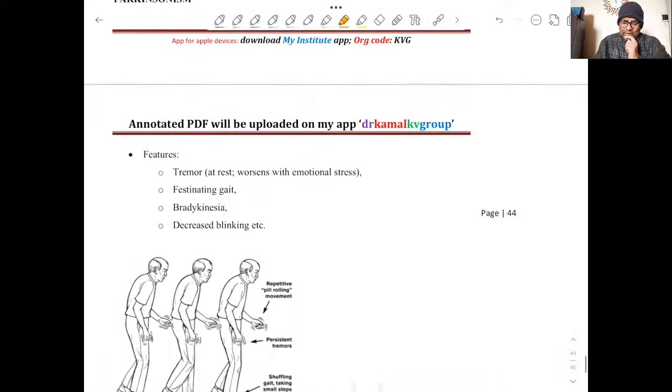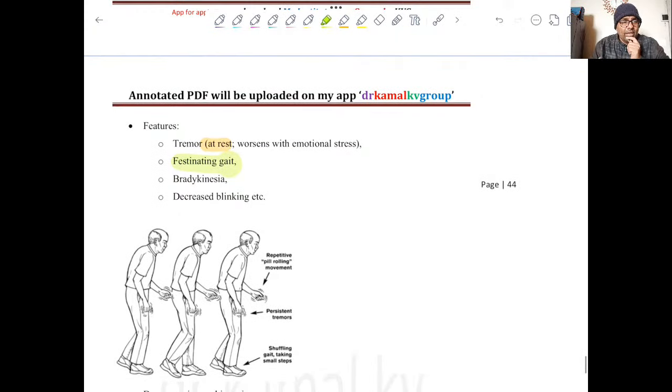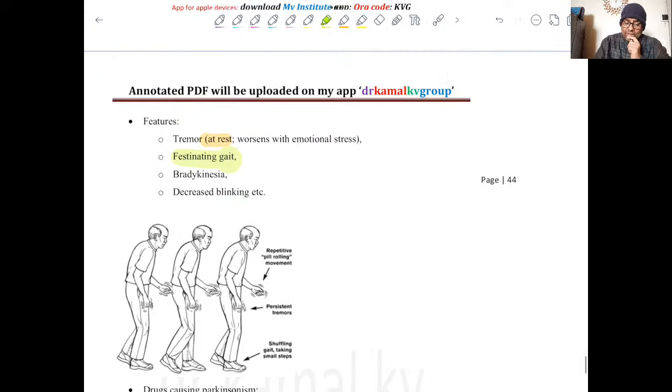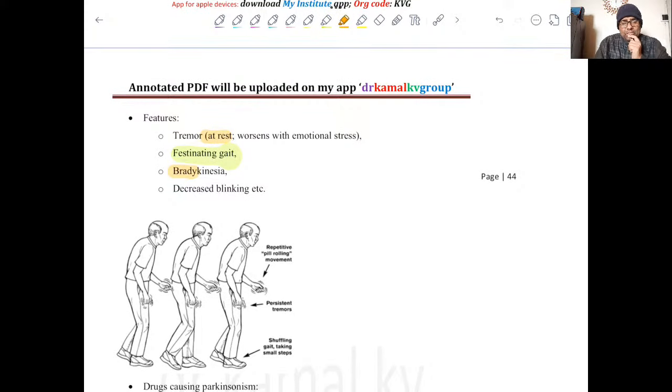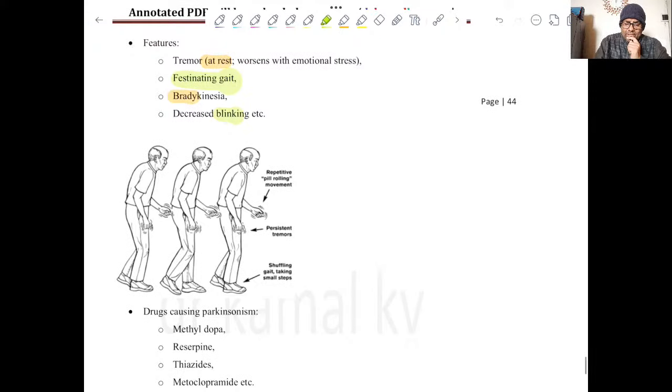Then moving forward to Parkinsonism, we already discussed that is tremors at rest. There is festinating gait. It means the patient will take a very short step. He'll be stooped, taking short steps, and will be walking very fast as if he is trying to catch his center of gravity. There is a slowness of movement, that is bradykinesia, and that also manifests as decreased blinking.